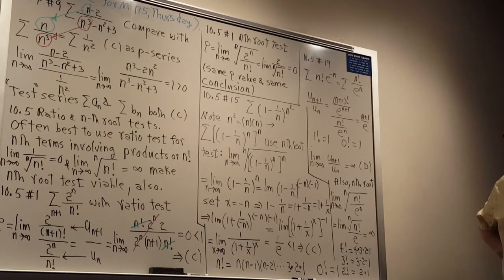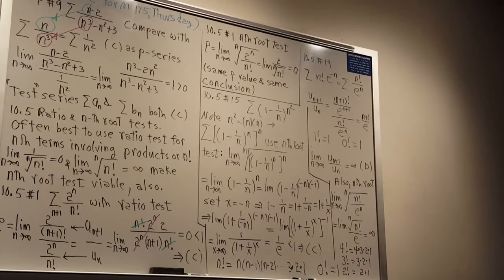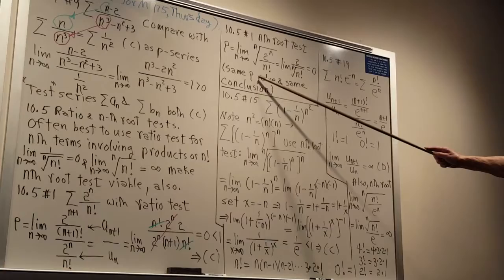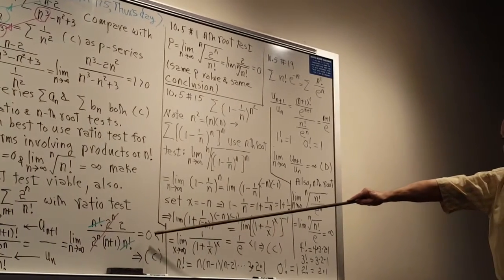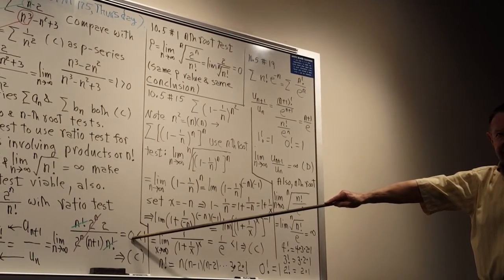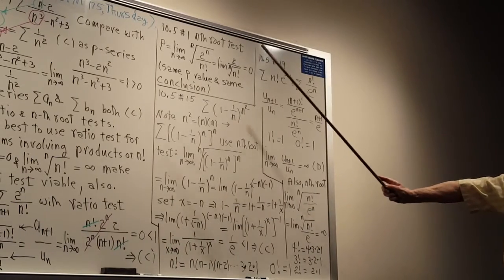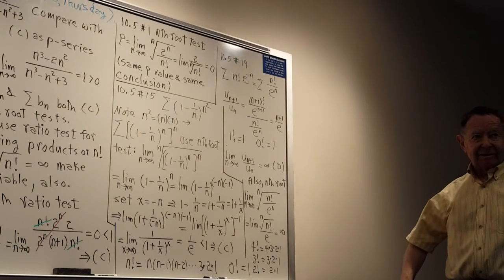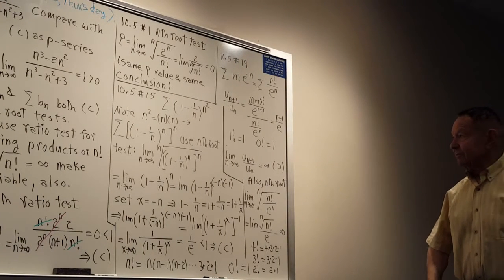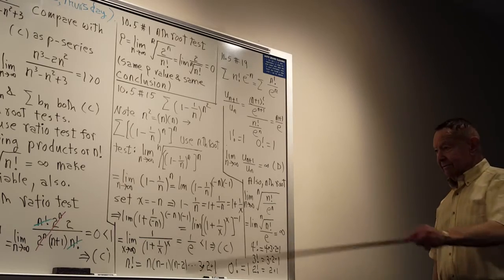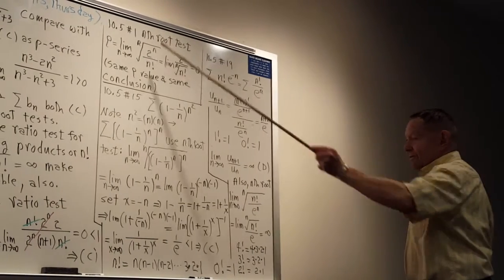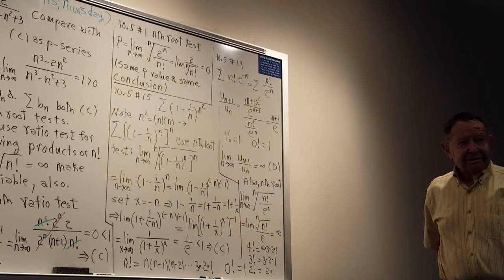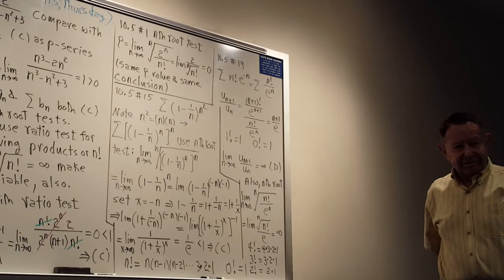So the limit of your product is the limit of 2 times 0, which is 0. Same rho and same conclusion. Your rho here out of the ratio test is 0 in the limit. The rho here out of the nth root test is rho equals 0 in the limit. Same conclusion. Always the ratio test and the nth root test both fail if rho is 1. They both say divergence or they both say convergence.